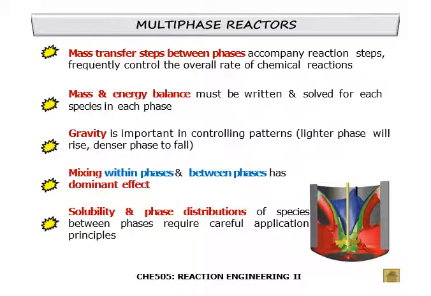Mass balance and energy balance must be written and solved for each species in each phase, and gravity is one of the important parameters that control the patterns in which the lighter phase will rise and the denser phase will fall.